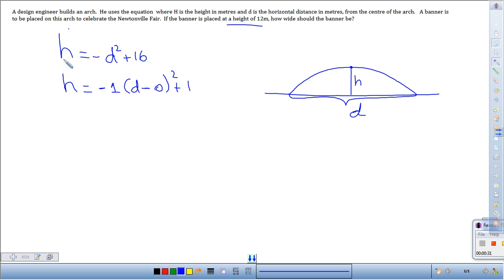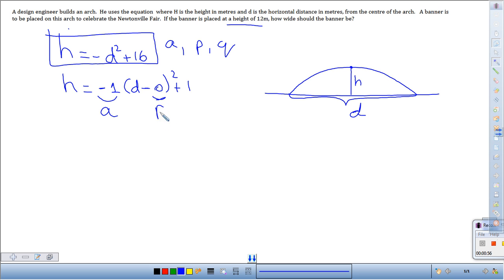Well, first let's look at our equation that's given to us, h equals negative d squared plus 16, and identify our a, p, and q. Well, a is negative 1, so that's my a. And whenever we said we're missing those brackets, we can recreate them just so we can remind ourselves what that p is.